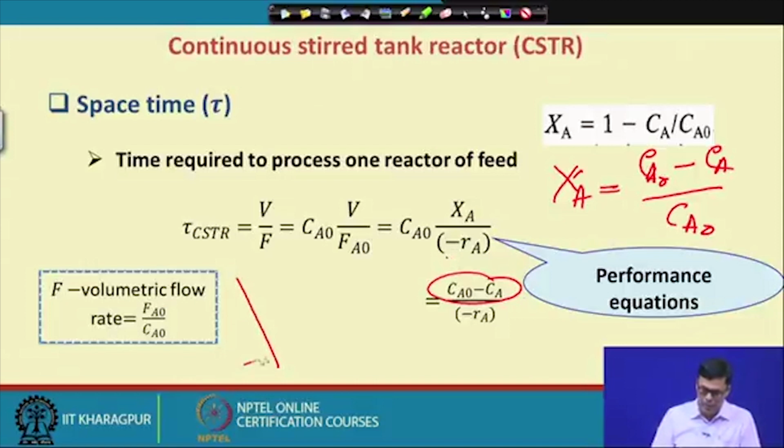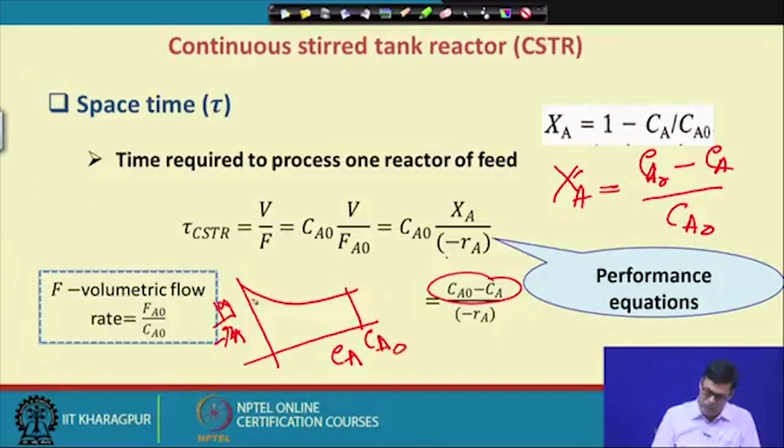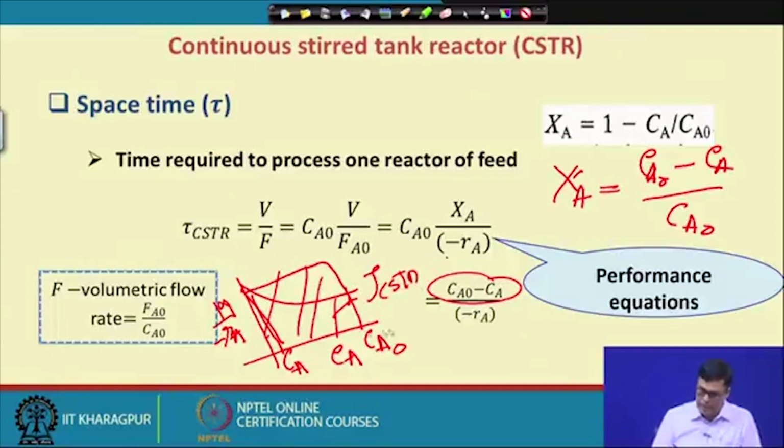Now let me take the previous equation, and plot minus Ra versus Ca. So we have this kind of plot. Now suppose we want to convert Ca0 to Ca. The area under this curve is equal to tau CSTR, because this is a rectangle.